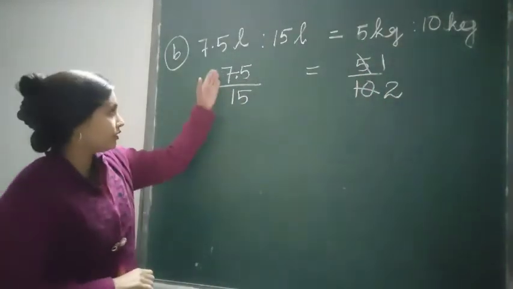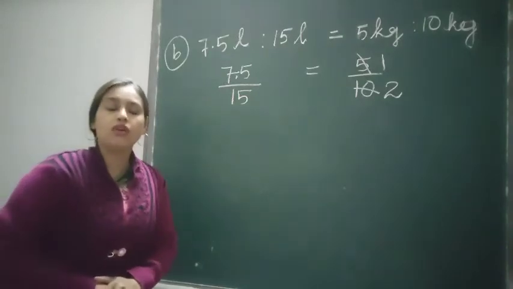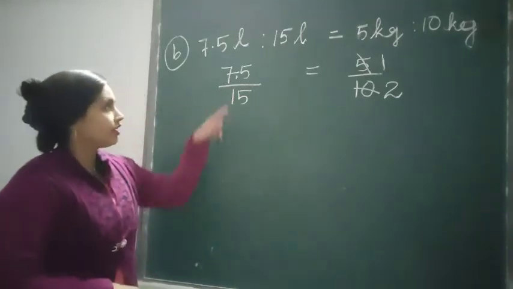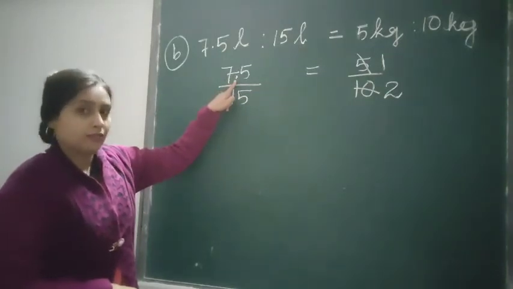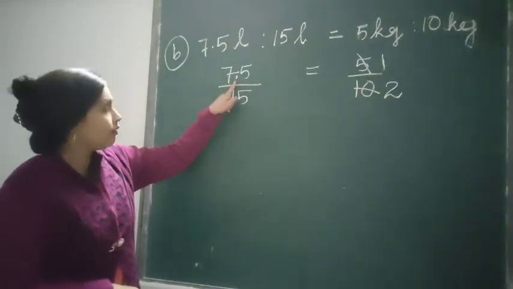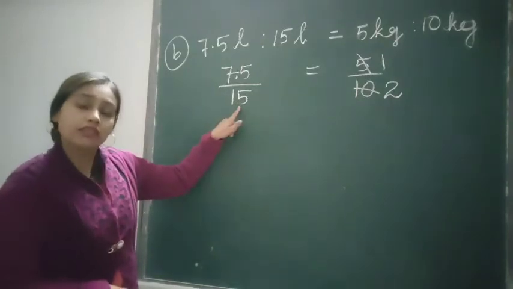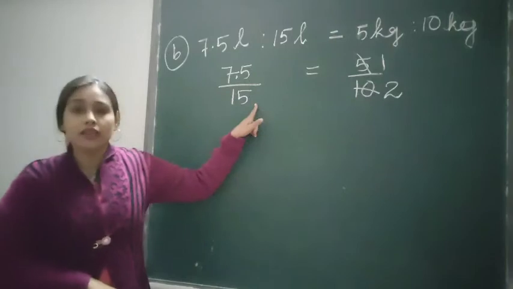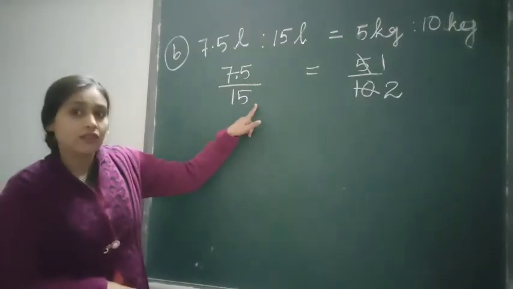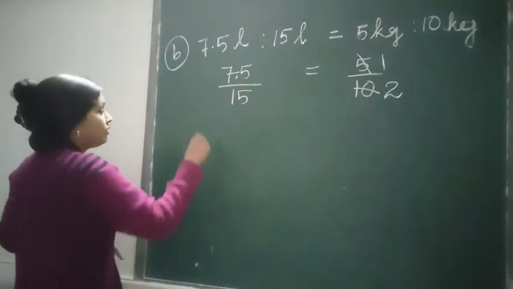Now let's check whether this becomes 1 by 2 or not. But before starting, what do we see? We see a decimal. That means we need to shift this decimal, right? But when we go down to the denominator, we don't see the decimal here. What to do? We need to put a decimal.